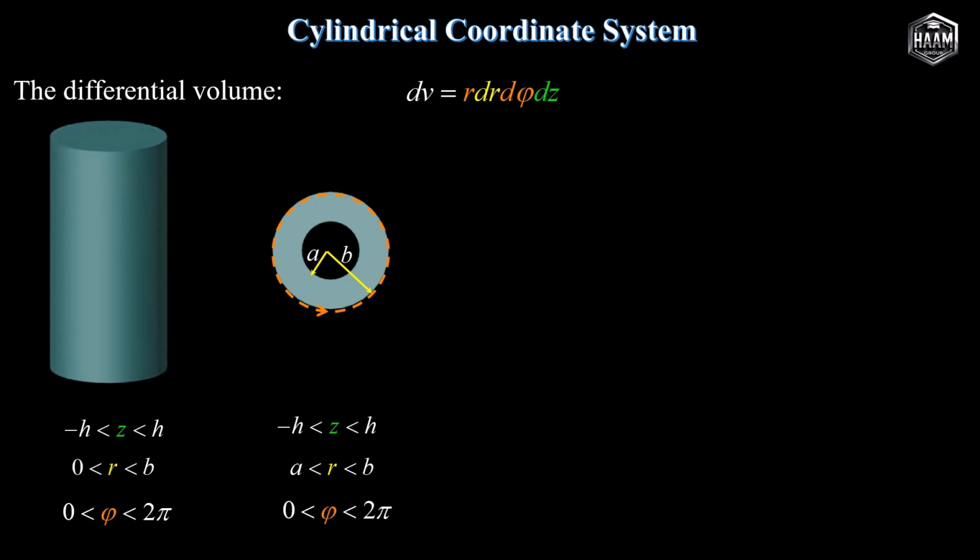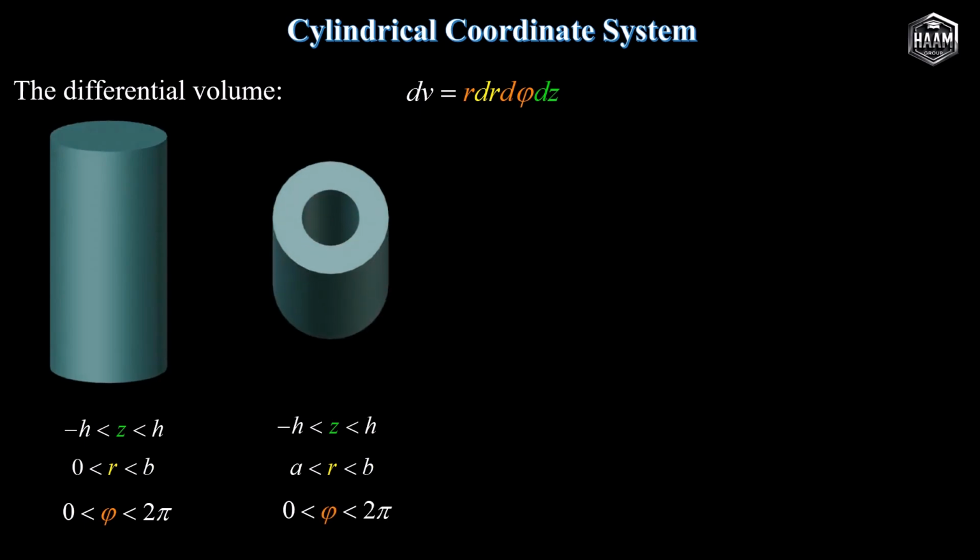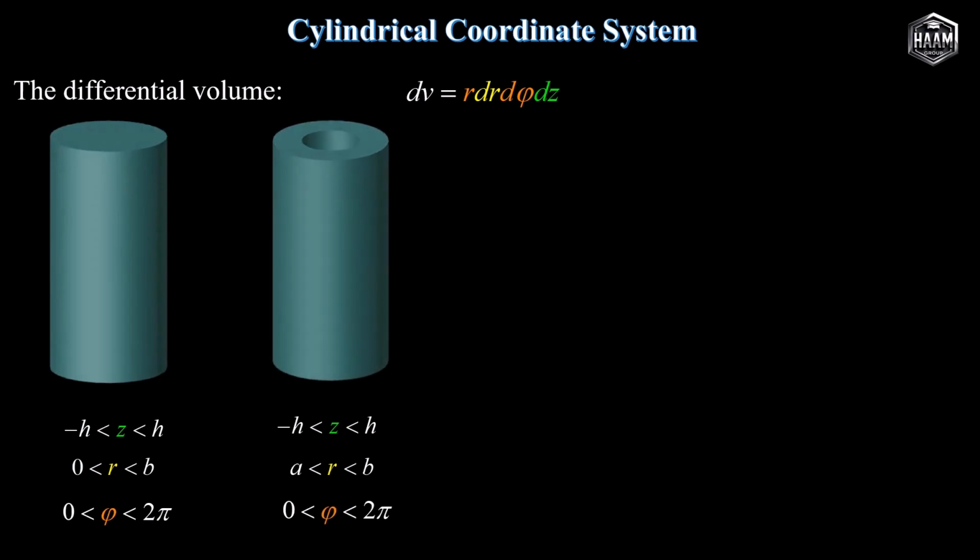So our range for r is from A to B, and our range of rotation, phi, remains as before, spanning the full cylinder, so phi here ranges from 0 to 2 times pi. Thus you can see that by changing r, we were able to specify the bounds for this hollow cylinder within the cylindrical coordinate system.